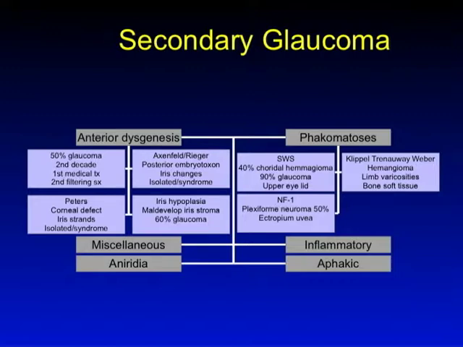So if you have a patient with anterior segment dysgenesis, and on top of that has some skeletal abnormalities, teeth abnormalities, that patient probably has 50% risk of developing glaucoma. We're going to talk about aniridia, and we're going to present it in a few minutes too.